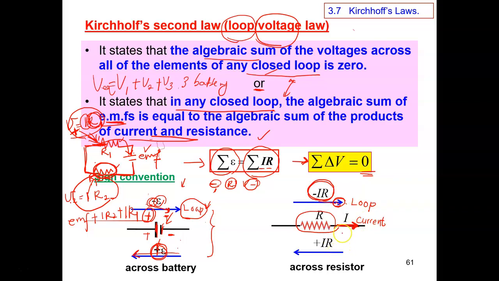When the direction of the current is different from the direction of the loop, the sign of V in this resistor is positive. Now, this is the analogy. Let's say the current is you, and this is the wave of the ocean.